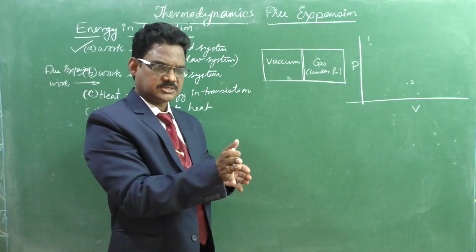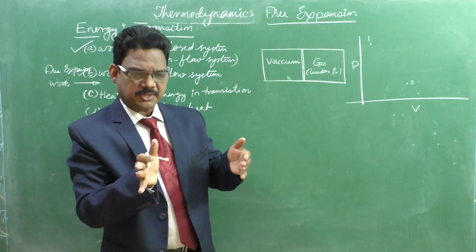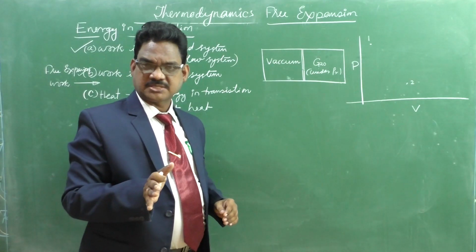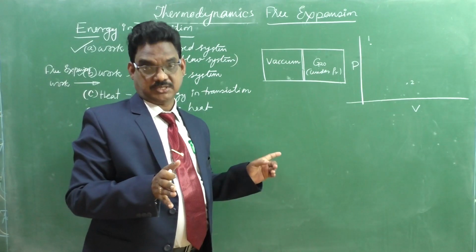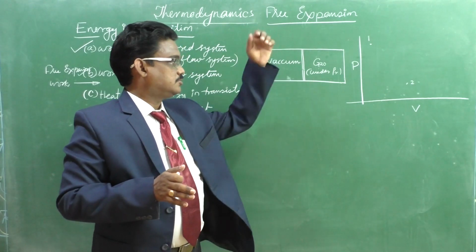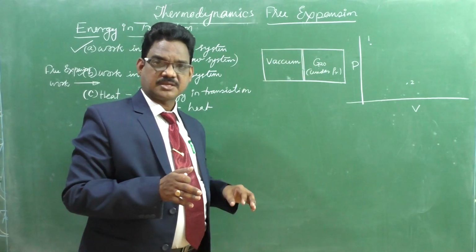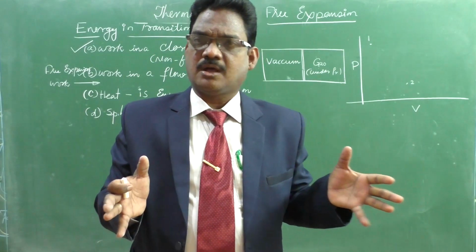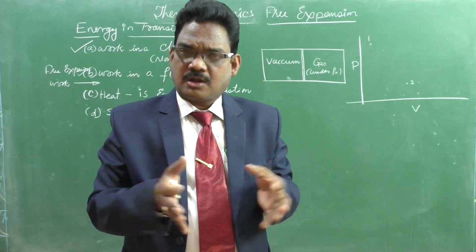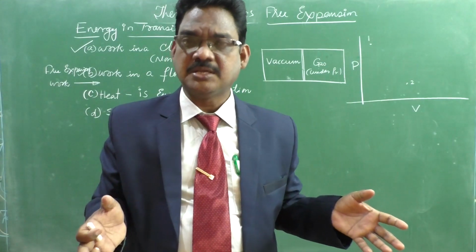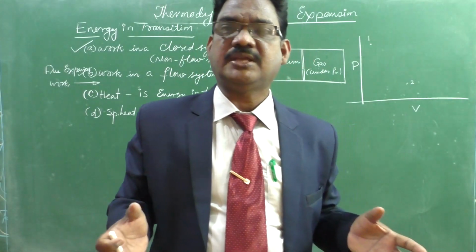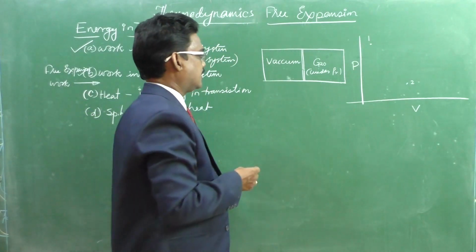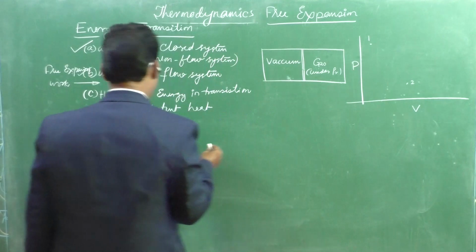Suppose there is a restriction, that restriction will be pushed by the pressurized gas, and work is present there. But here, just removing it is called a free expansion. Expansion of gas through a large orifice or large diameter or large cross section, we can say that is a free expansion. In the case of free expansion, the work done is equal to 0.